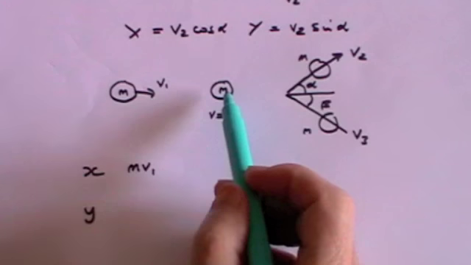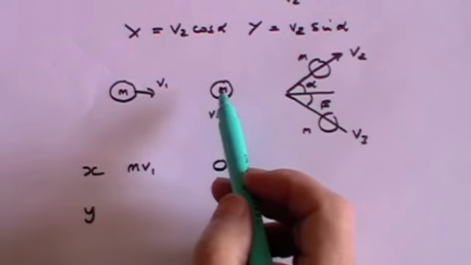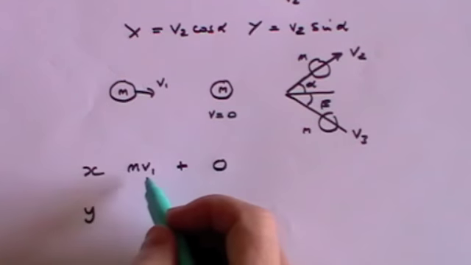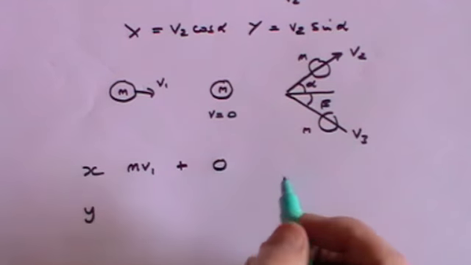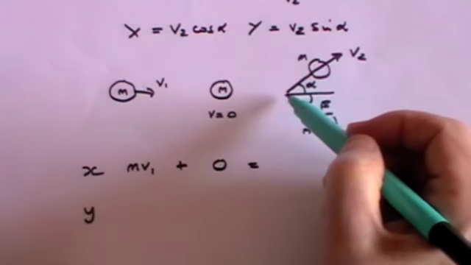The momentum along the x direction here is 0. Indeed, the momentum along any direction is 0 because it has no velocity. So the total momentum before the collision is mv1 plus 0. And that's going to be equal to the total momentum in the x direction after the collision. Well, what is it?